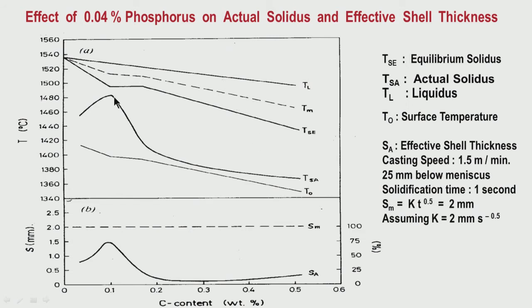Now, look at these figures. At 0.1% carbon, you see the effect of segregation is relatively less, is minimum. Why is it so? Because the actual segregation is less, because the solidification is taking place through delta ferrite, and only towards the end of solidification is delta ferrite to austenite transformation taking place.